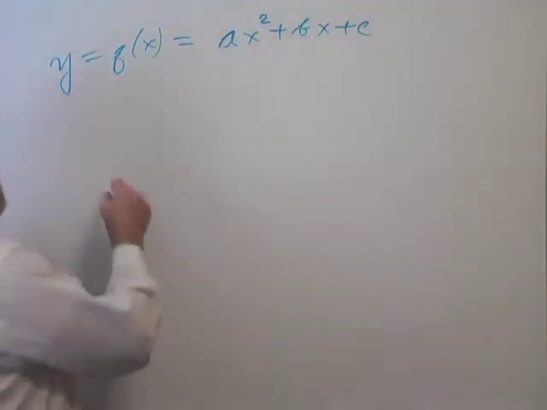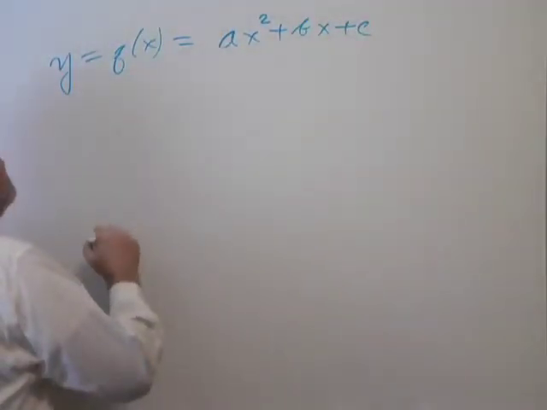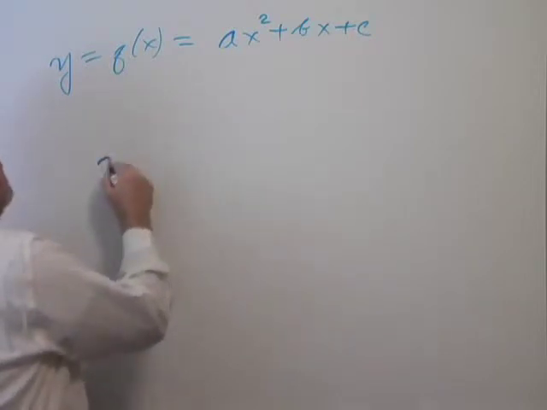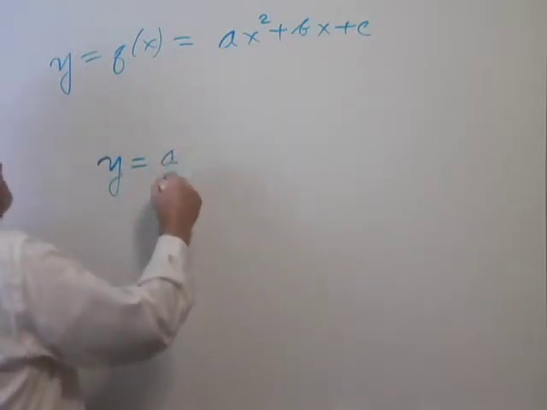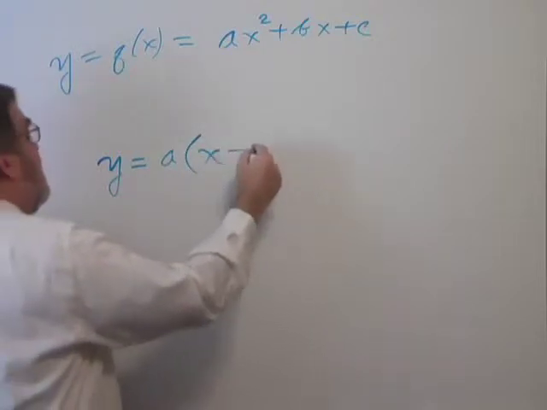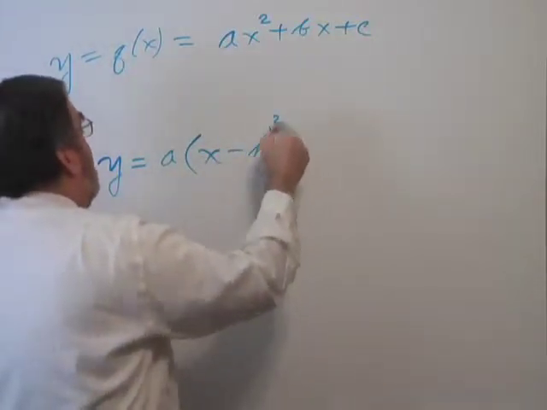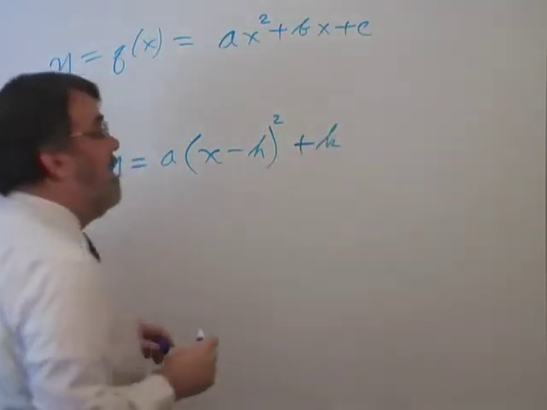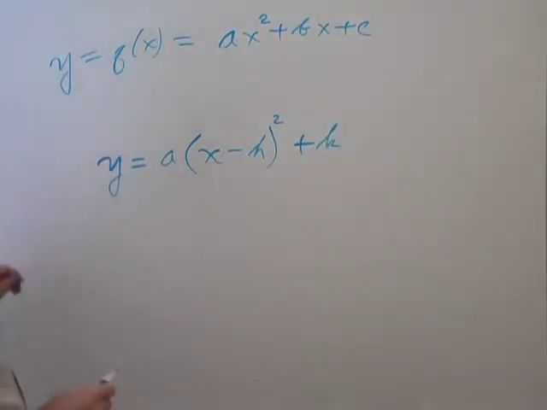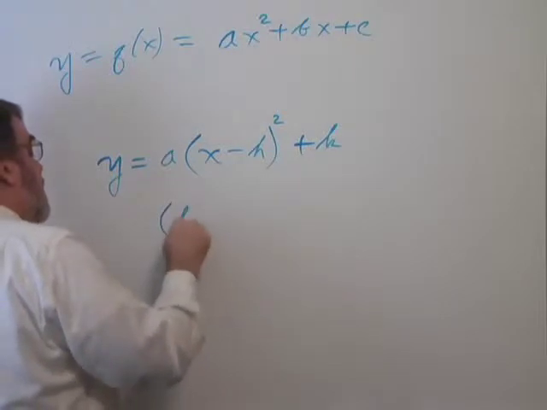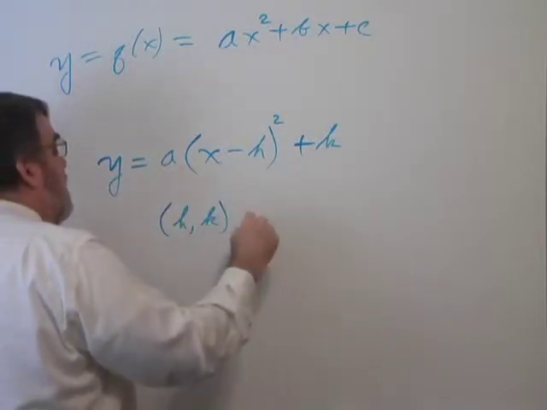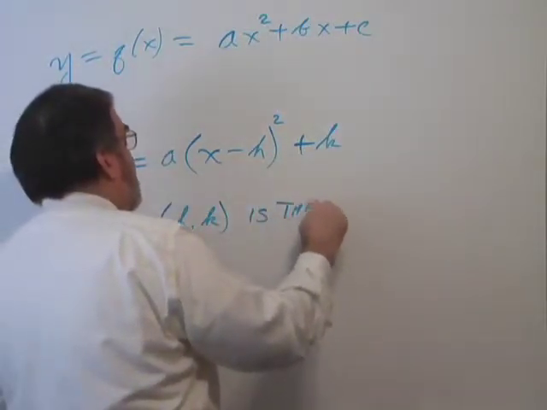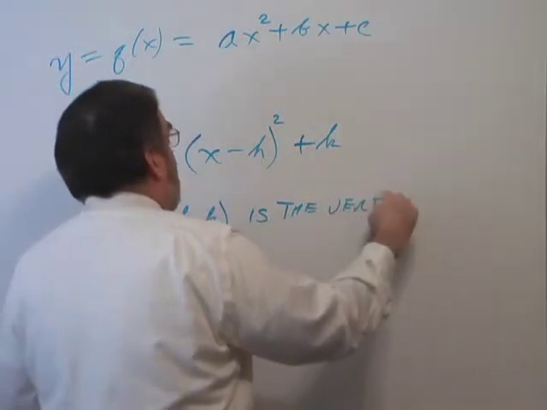If you can rewrite your quadratic function so that it has this form, y equals a, parentheses, x minus h, quantity to the second power, plus k, written in that form, then the point h comma k is the vertex of the parabola.